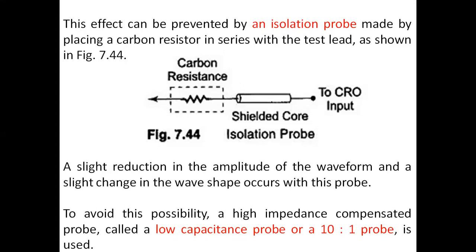Okay, so the main purpose is that the CRO should provide high input impedance for the common mode signals. Other than this, if there are any high voltage signals, they will affect the CRO.